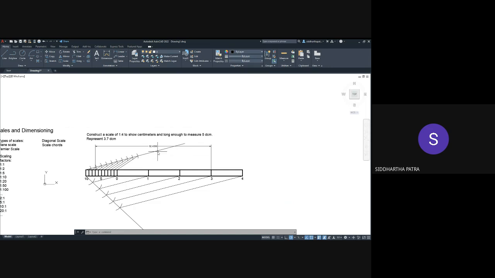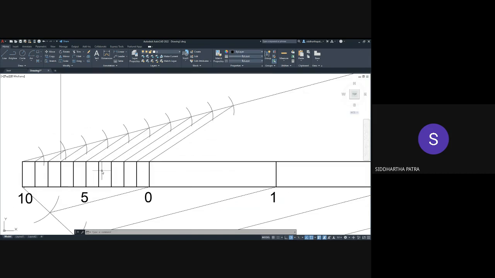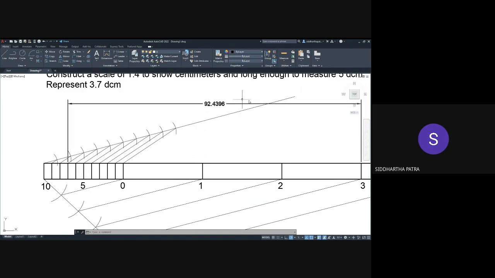Okay, so for some reason that is supposed to be 92.5, and I have made some mistake in drawing, so that's why I'm getting 92.4. So this one you should not write. Once you measure the dimension, it would look like 92 millimeters or something, 92.5 millimeters, but you are not supposed to write 92.5 millimeters.